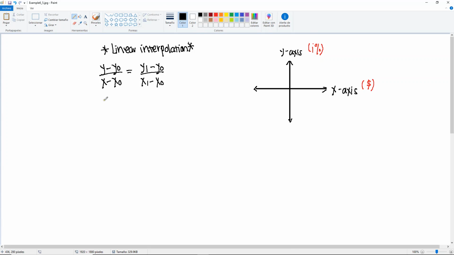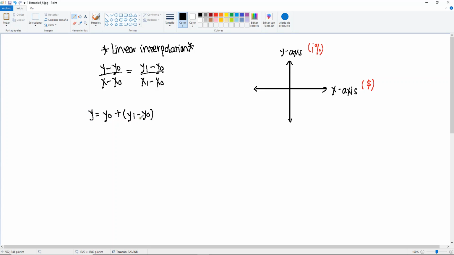So this formula will become, after we move the denominator to the other side and the y naught to the other side, we will end up with y being equal to y naught plus y1 minus y naught.